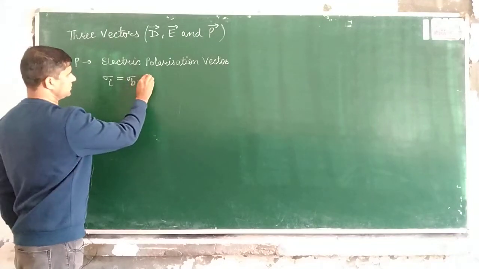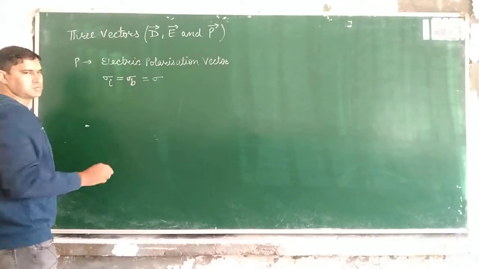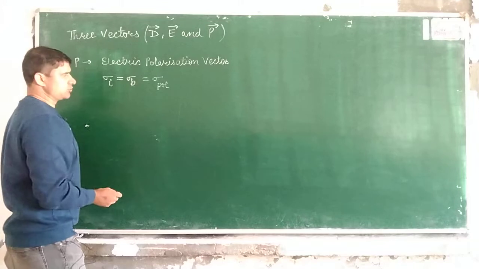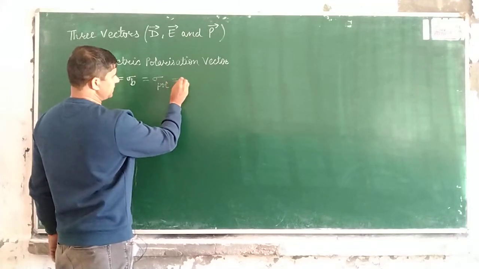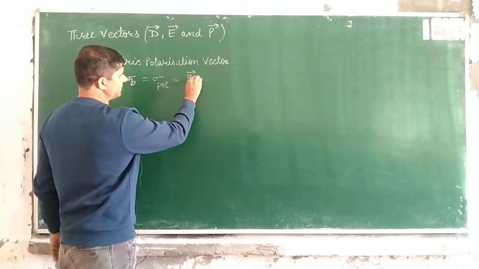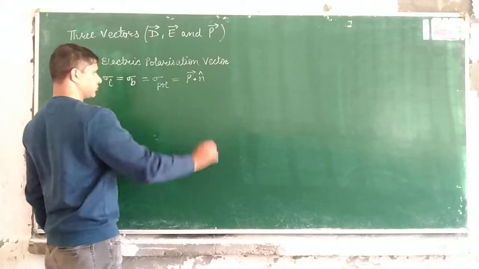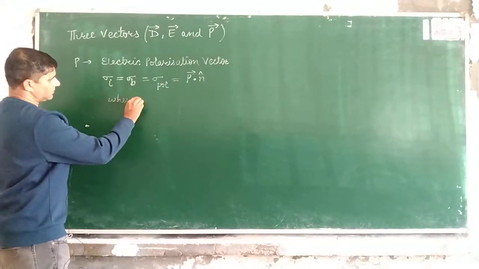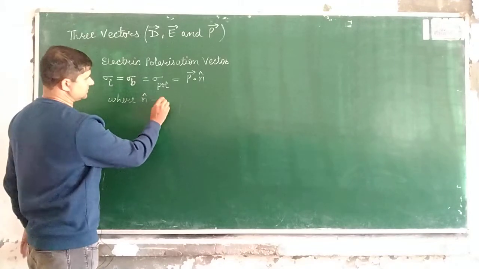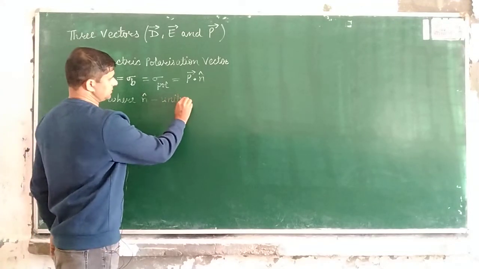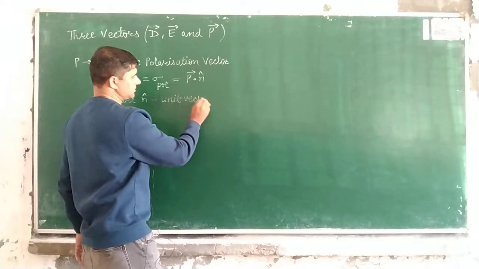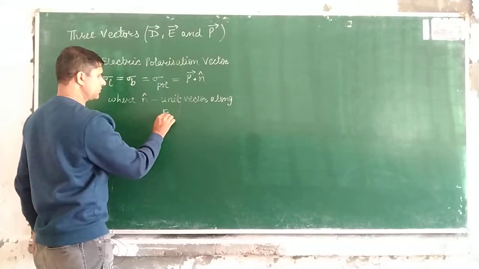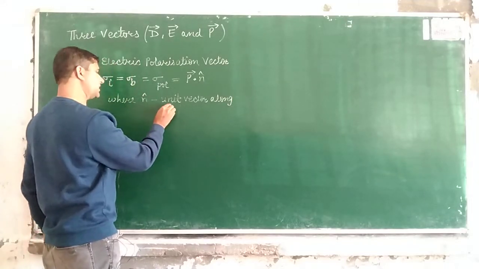The bound charges or induction of charges occur due to polarization, so you can call it the polarization charge density, and it is found to be equal to vector P dot unit vector n, where unit vector n is a unit vector which is along the external electric field E, in which the dielectric is placed.